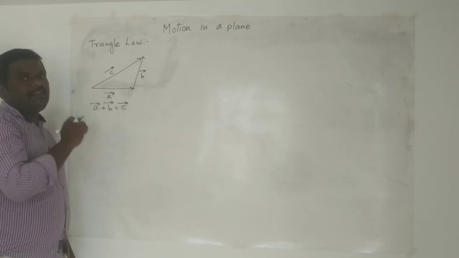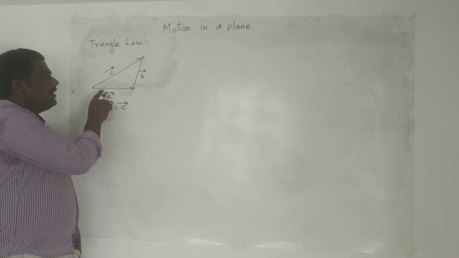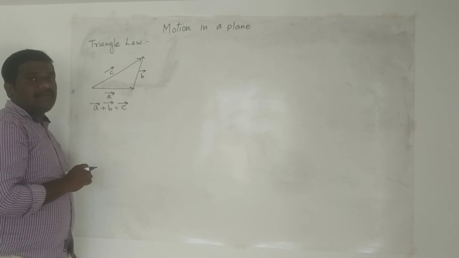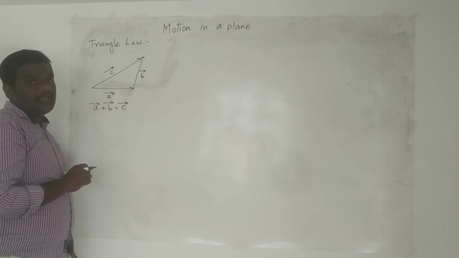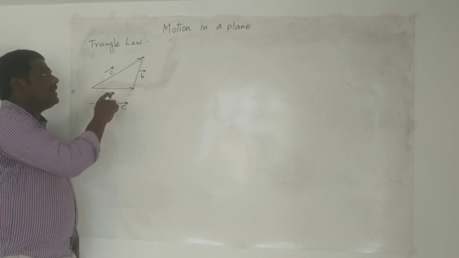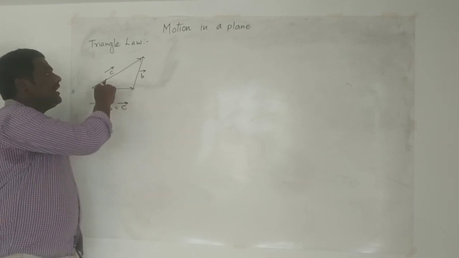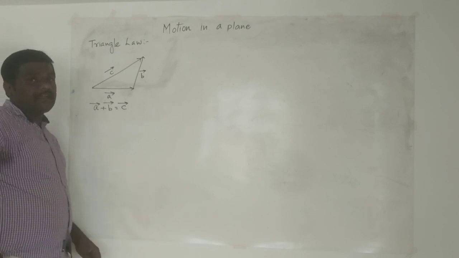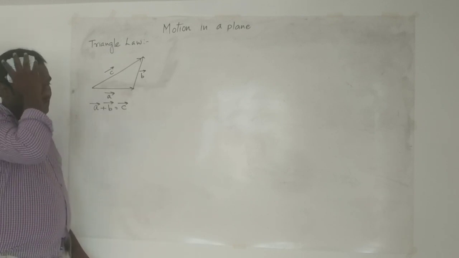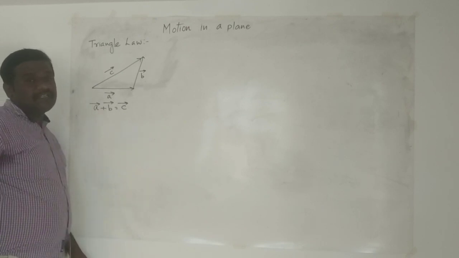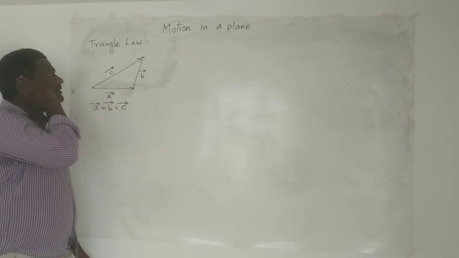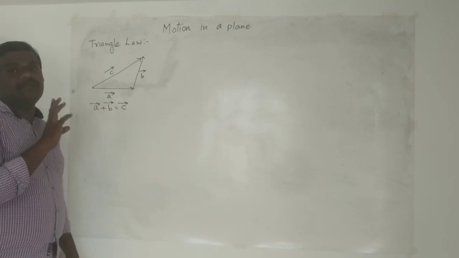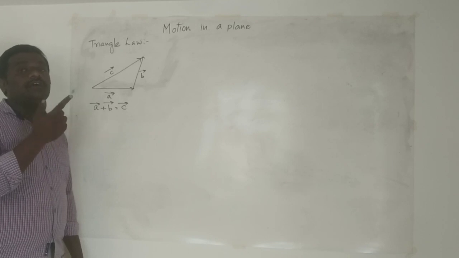Which is the resultant vector here? C bar. That C bar is taken in which order? Reverse order. That gives the resultant of the two vectors.